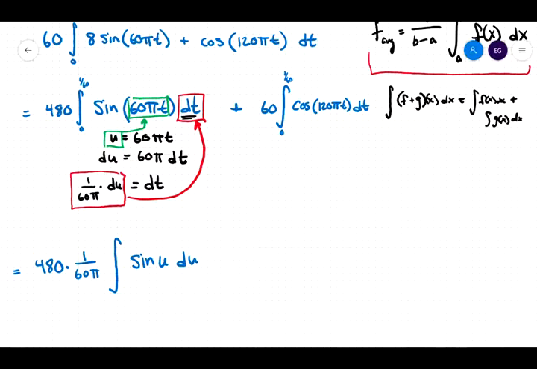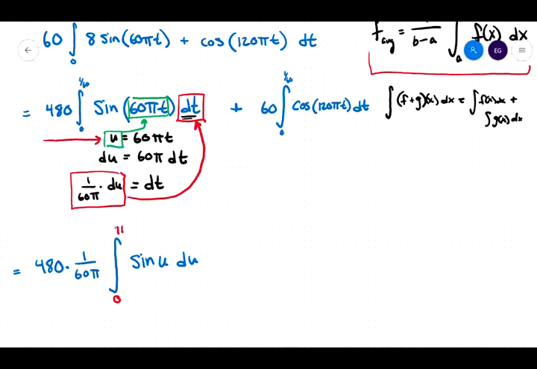Using this equation up here, when t is equal to 0, u is equal to 0. So that will give us a lower limit of 0. And when t is equal to 1/60th, u is equal to pi, since 60 times pi times 1 over 60 is just pi.